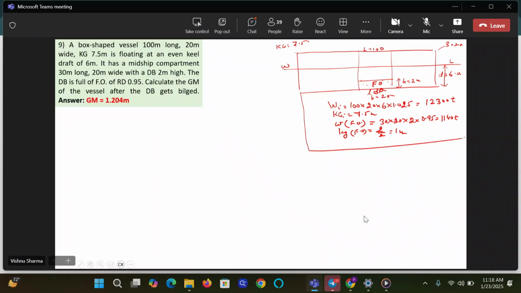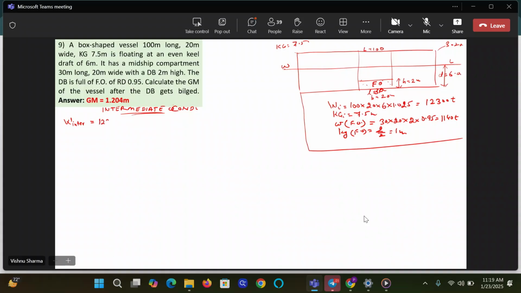Now we come to the intermediate condition. Displacement in the intermediate condition. And what is the intermediate condition? In which the vessel is still intact and you have intentionally emptied the compartment.